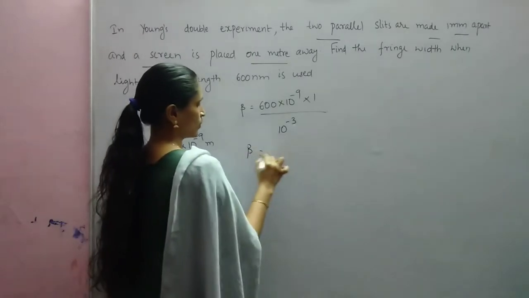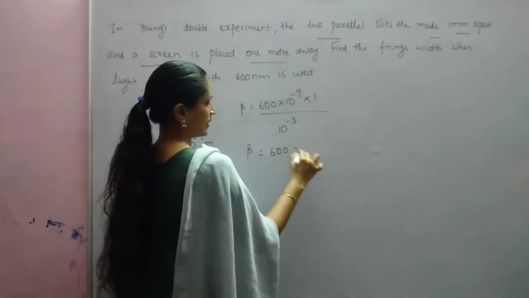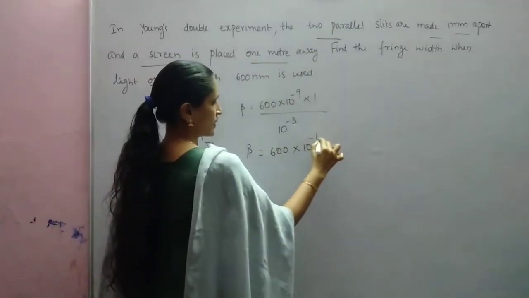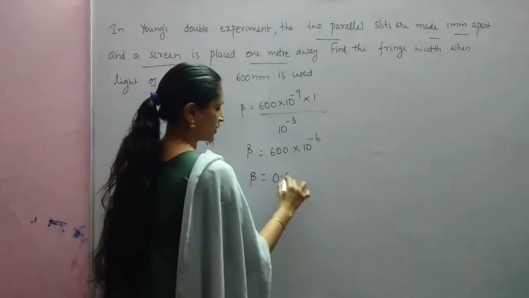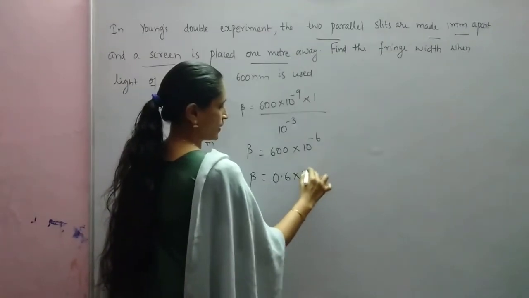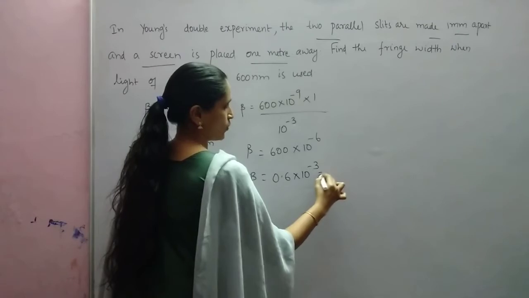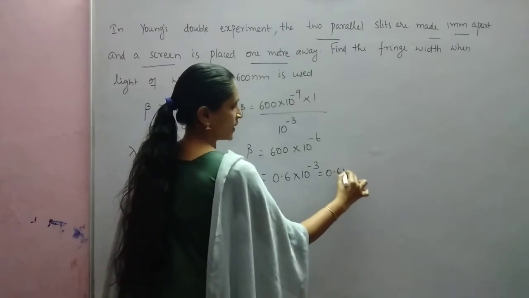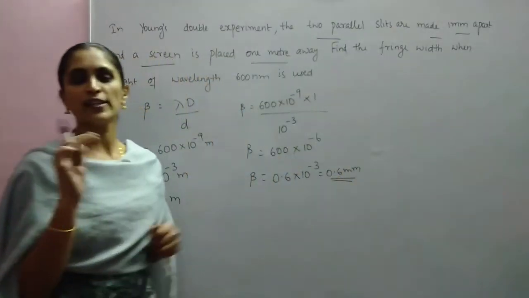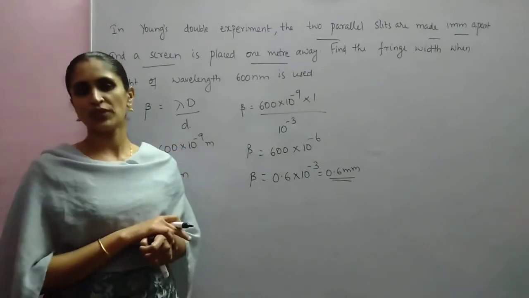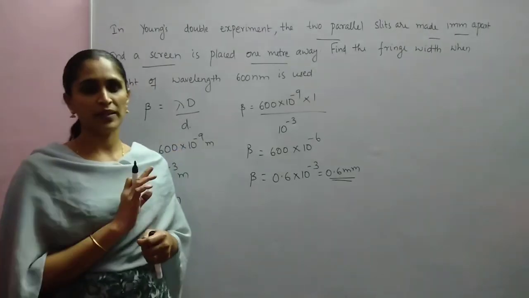Beta is equal to 600 into 10 raised to minus 6, or we can write beta is equal to 0.6 into 10 raised to minus 3 or 0.6 millimeter. So you can see that the fringe width is very small, in the millimeter range, 0.6 millimeter.